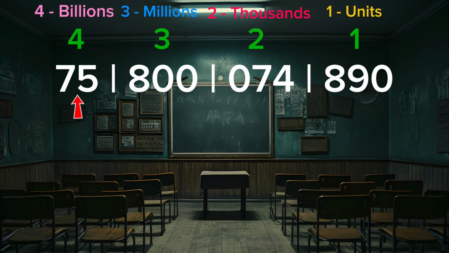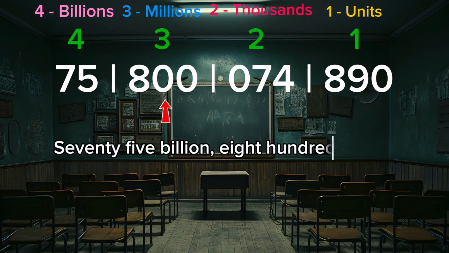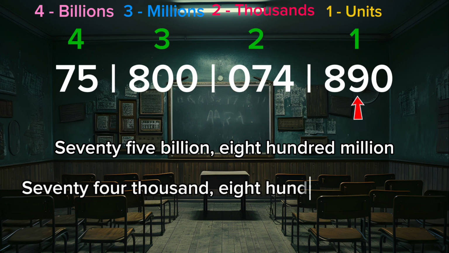So we say 75 billion 800 million. This zero is insignificant, so we don't need to pronounce it. We can just call it 74. So that is 74,890. Now we can read them. Once grouped, you simply read the number in each set of 3 and then say the name of the place value that follows the gap.